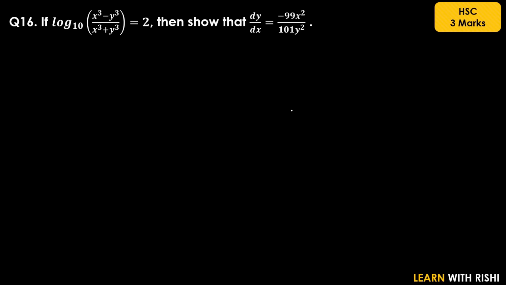So we have one property, that is log of b to the base a, if it is equal to m, then b will be equal to a raised to m. So this property we will apply here.